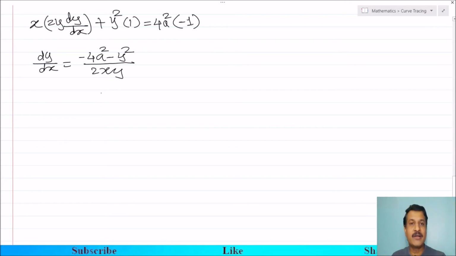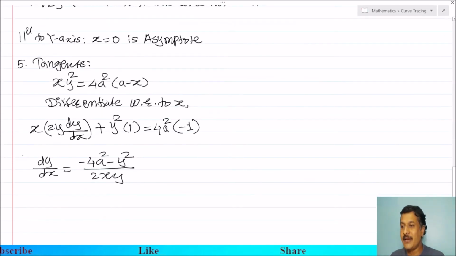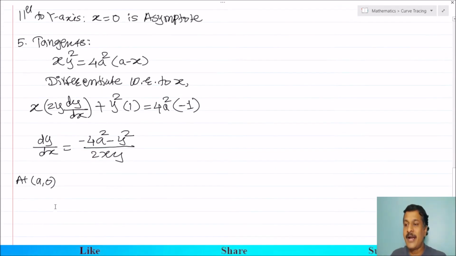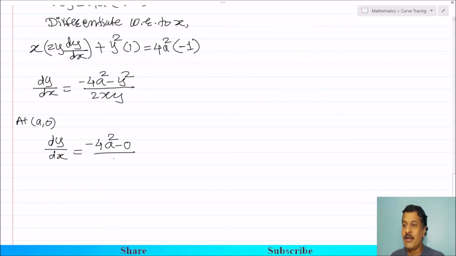So at points of intersection with coordinate axis, there only you find dy by dx. So here that point is a comma 0. So at a comma 0, you find dy by dx. So I am getting dy by dx equal to minus 4a square, y is 0, so minus 0, upon this. So I am getting here infinity.